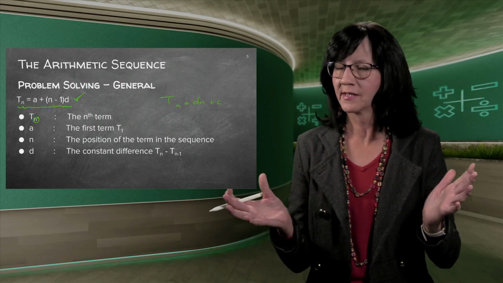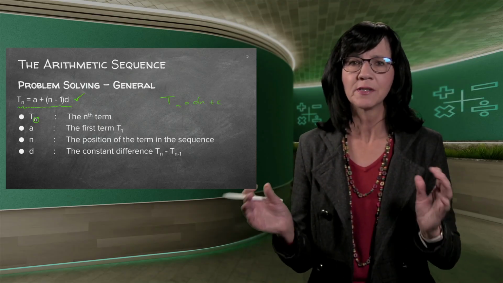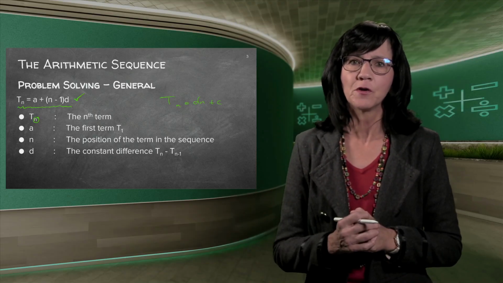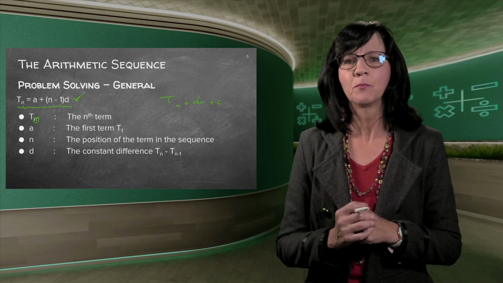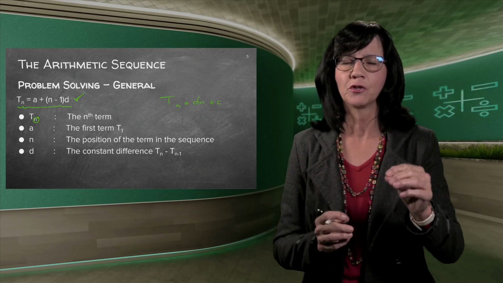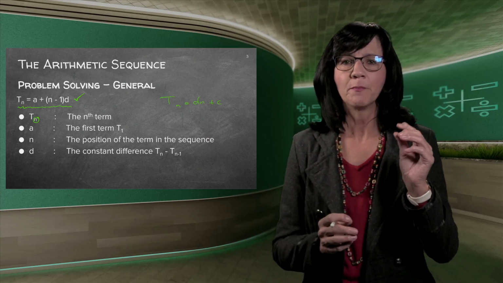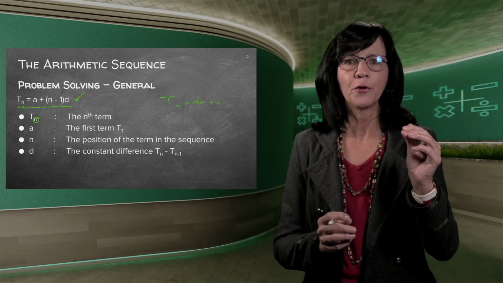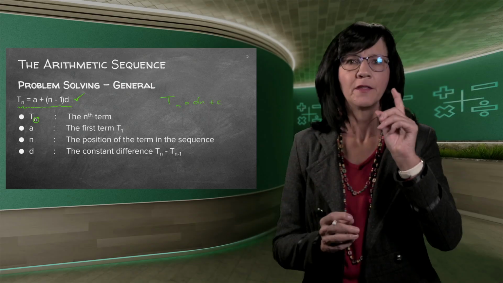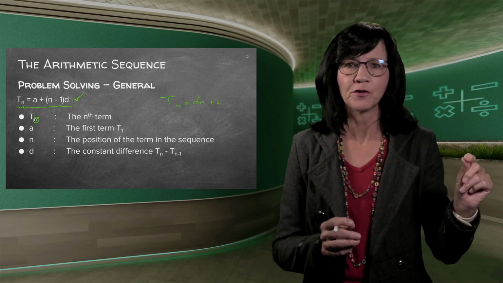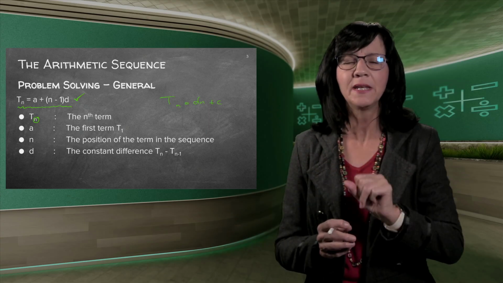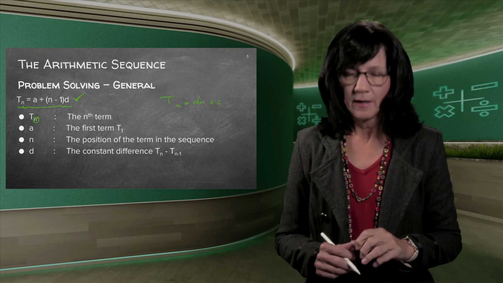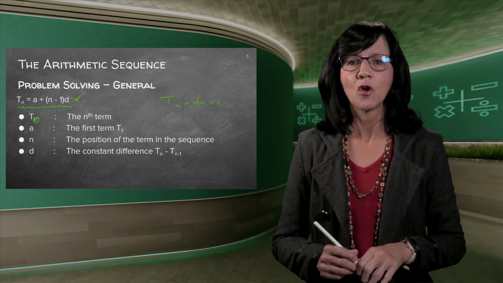So if I see A, normally when we do sequences, I know immediately that is the first figure of my sequence. And then the n is for the nth position. So it's the third term or the fourth term. So the minute you can say fourth or third or second, then you know I'm busy with the number of terms. The term itself is the big value, but the how manyth term it is, is the little n. And then d is always the constant difference.